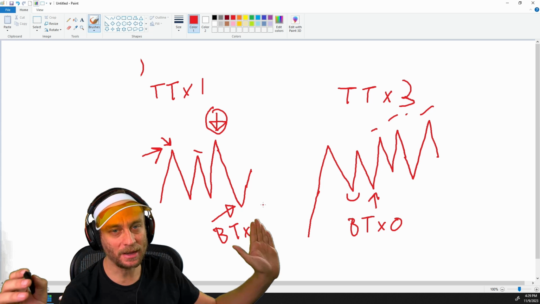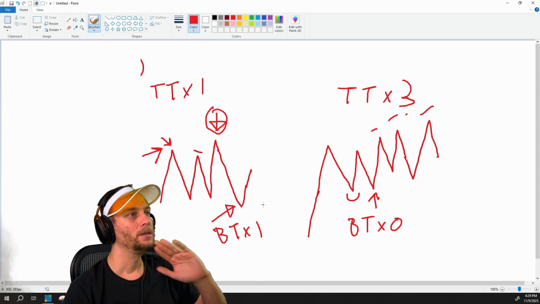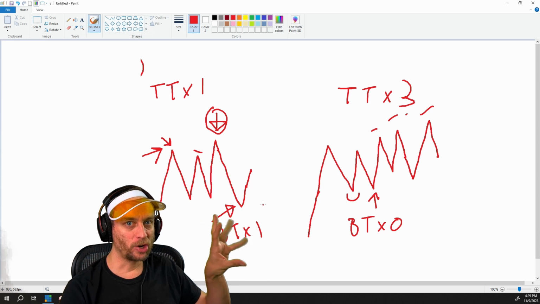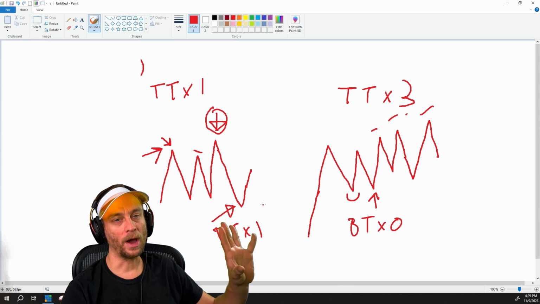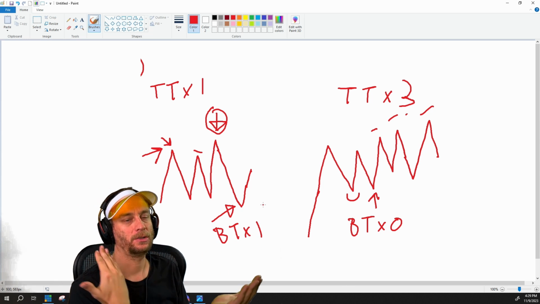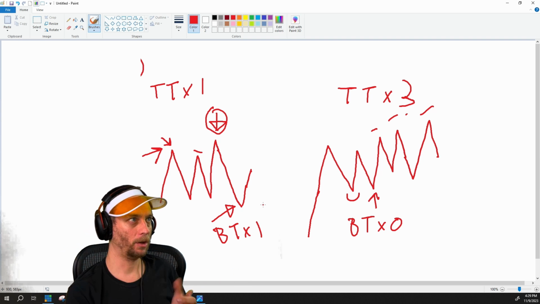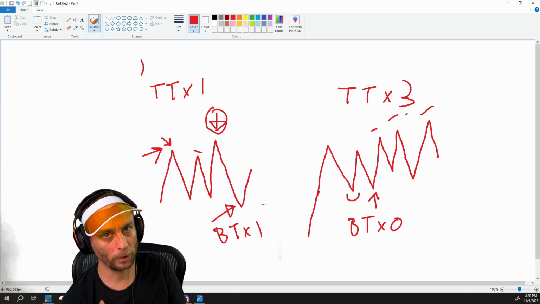Now, that depends on other contexts, higher time frames, the correlations, everything else. However, in a general loose fashion, whatever it did last, I will be leaning in that direction. So if the last thing was a bottom tick, I'm long biased. If the last thing was a top tick, I'm short biased, okay?